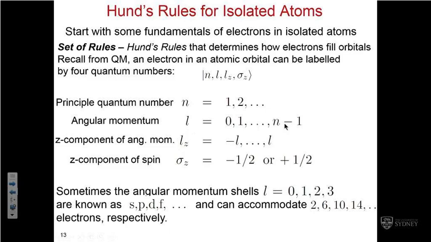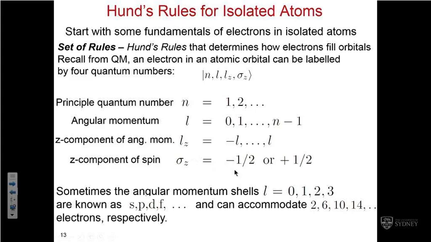Now, this is the z component of angular momentum, and for a given l, say if l is equal to 1, then Lz can vary between minus l up to positive l. We'll do an example of this later on. And the spin, as I mentioned before, can just have positive half or negative half.